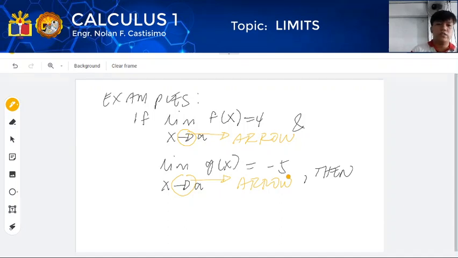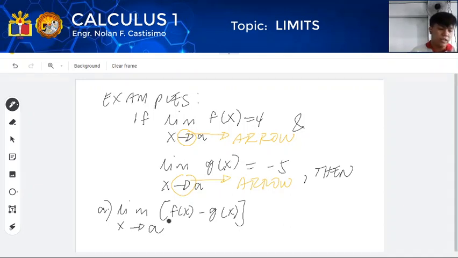Okay, proceed tayo sa example letter A. So, ano yung magiging example natin? The limit of f of x minus g of x, yan, brace na lang yan para mas maintindihan, as x approaches a. Ayan, so isa-isahin ulit natin.